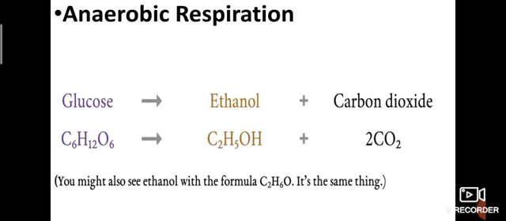Animals' muscle cells release lactic acid and yeast releases ethanol. But in aerobic respiration, which gas is released? Carbon dioxide and water. But in anaerobic respiration, animal cells release lactic acid and yeast releases carbon dioxide.